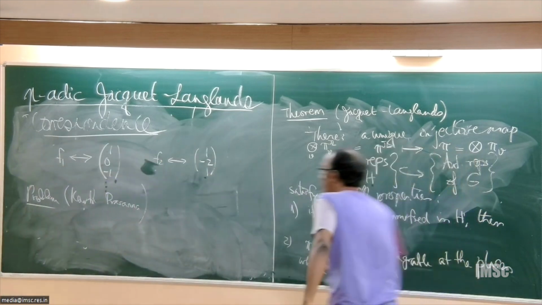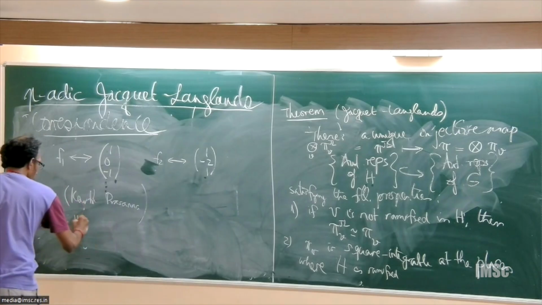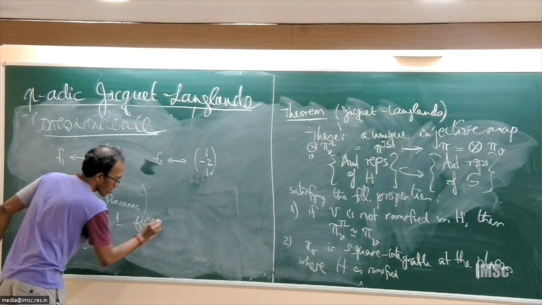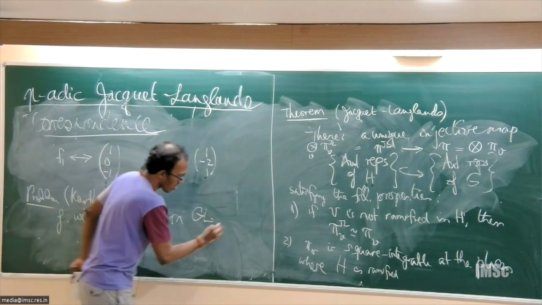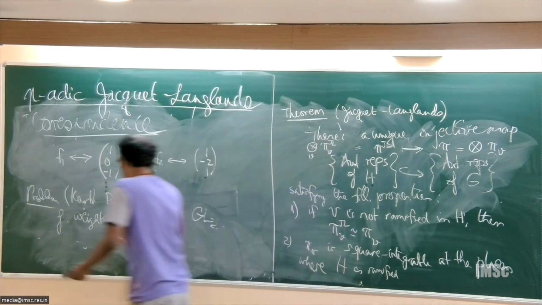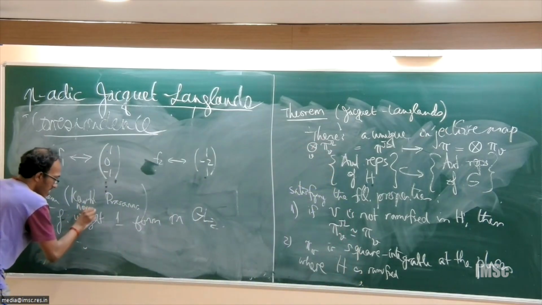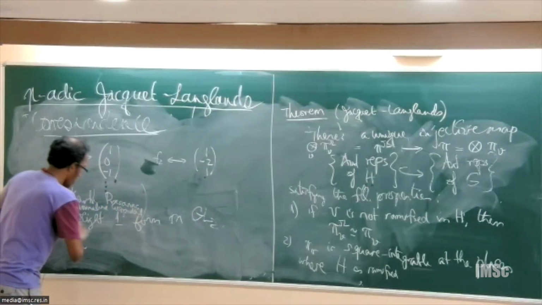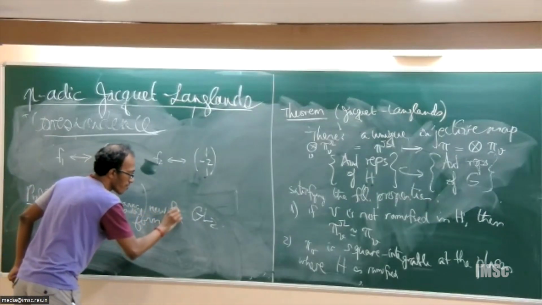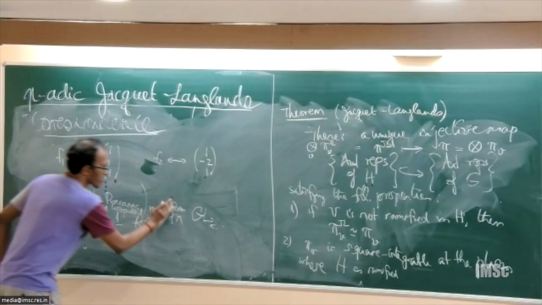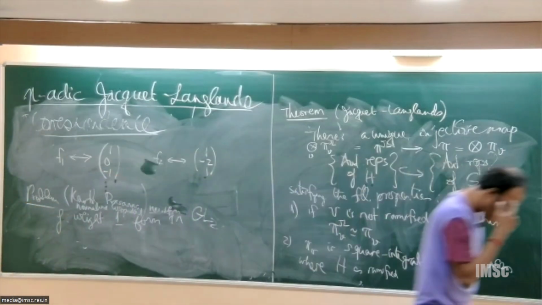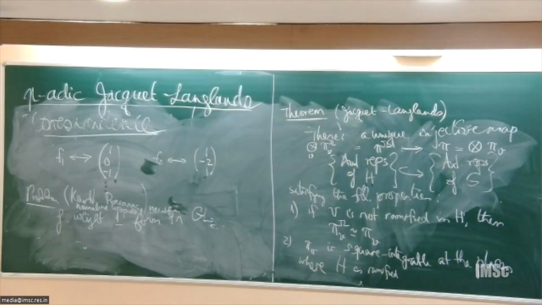Let F be a weight 1 form on GL2, a cuspidal newform, all of that, normalized. Well, newform means eigenform. So you take such a thing.